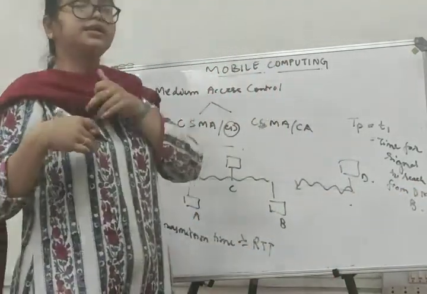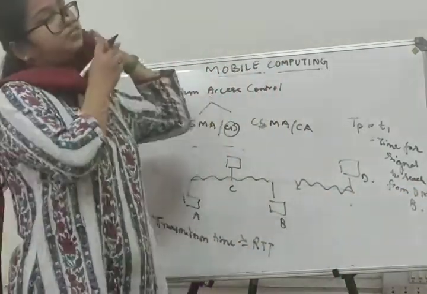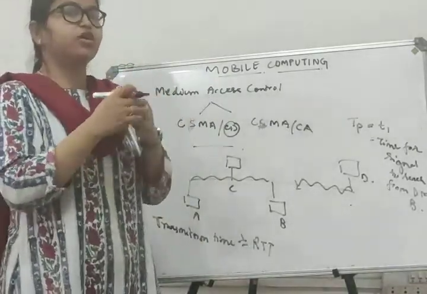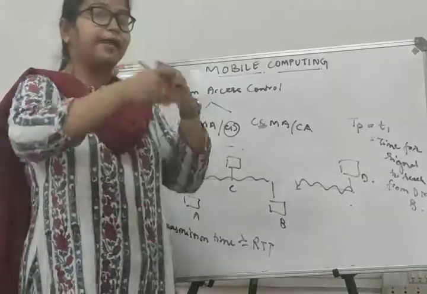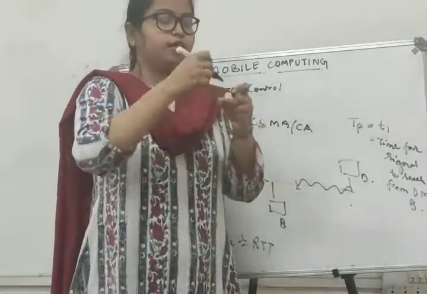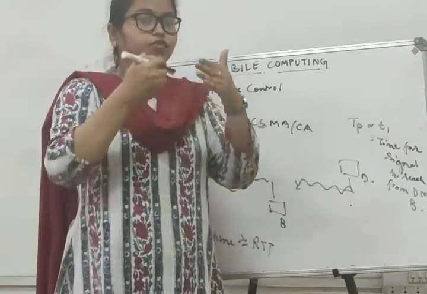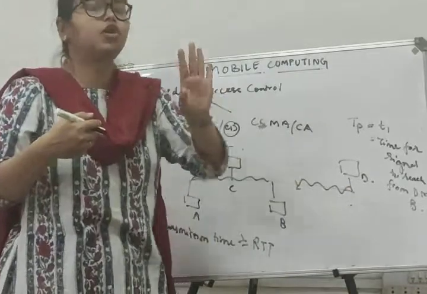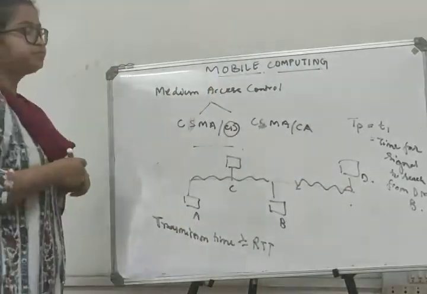You have already studied all this in computer networks. What is propagation delay? What is transmission delay? Transmission delay is the time to transmit the data into the channel. The time for the node or the station to transmit the data from itself into the channel is what is called transmission delay.